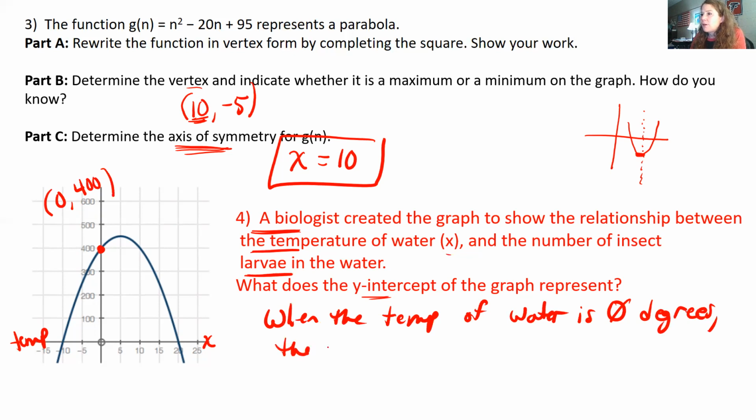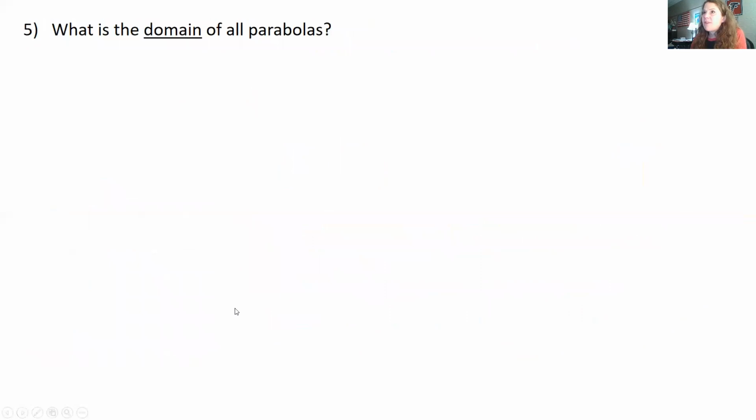The number of insect larvae in the water is 400. That's what it means in context of this situation. That's pretty straightforward.